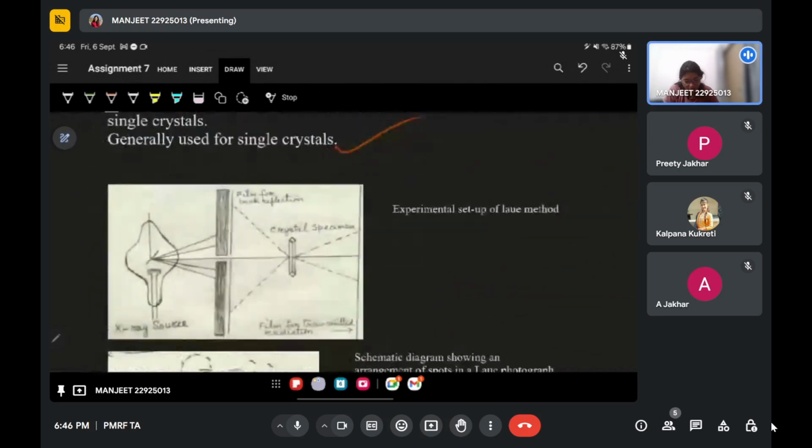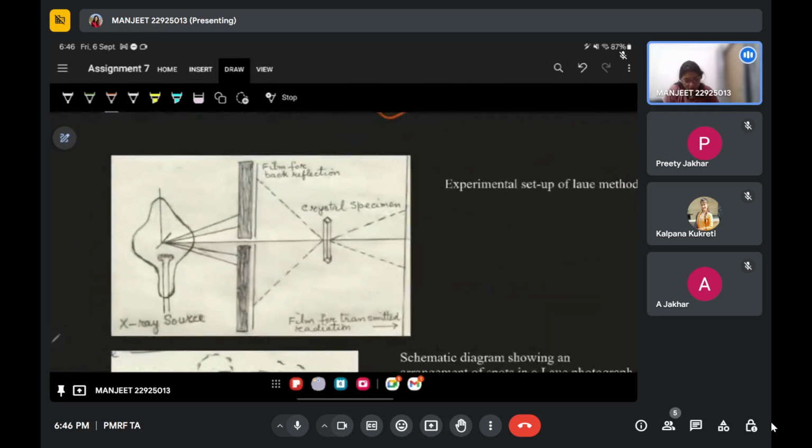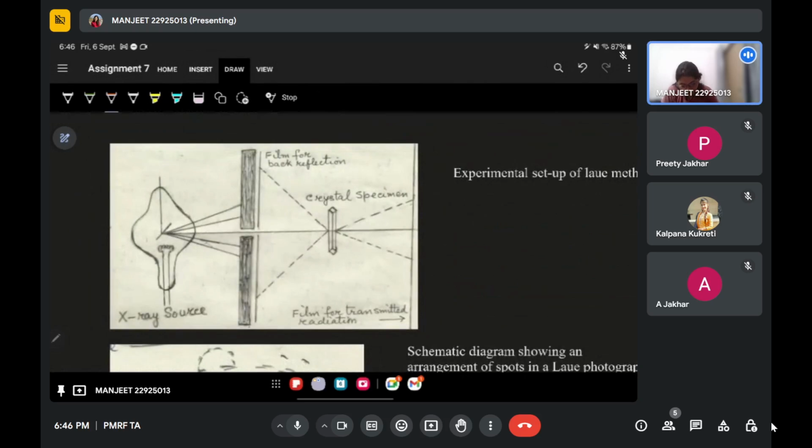This is the experimental setup of the Laue method. Here is the X-ray source, and this film is for the reflection. We have a slit here to reduce the broadness of the X-rays, decreasing the aperture so the beam is more focused when it is incident on the crystal specimen.